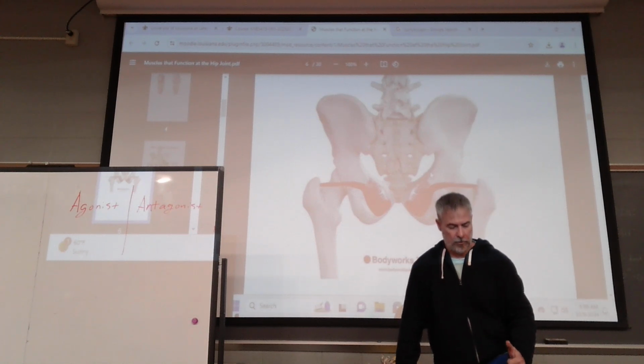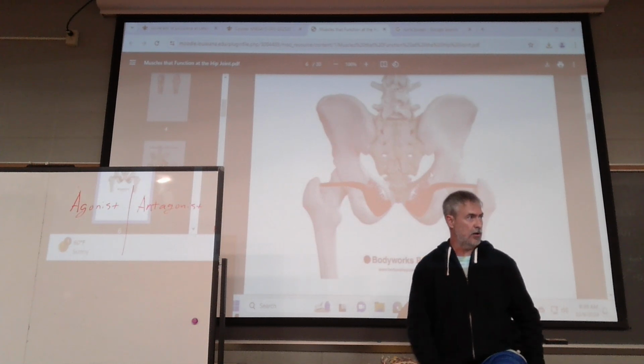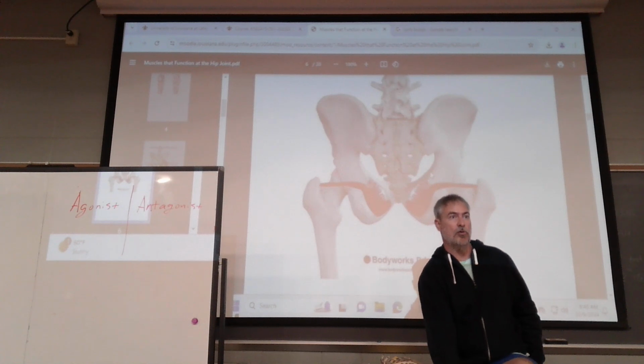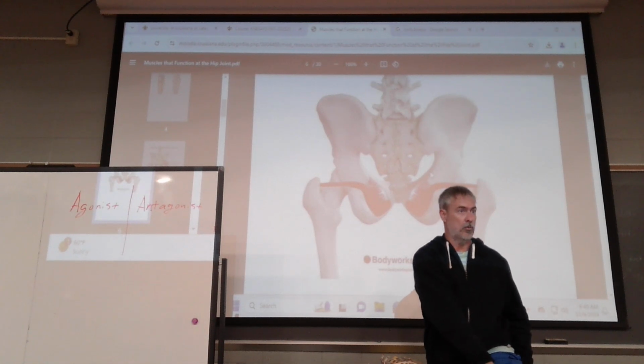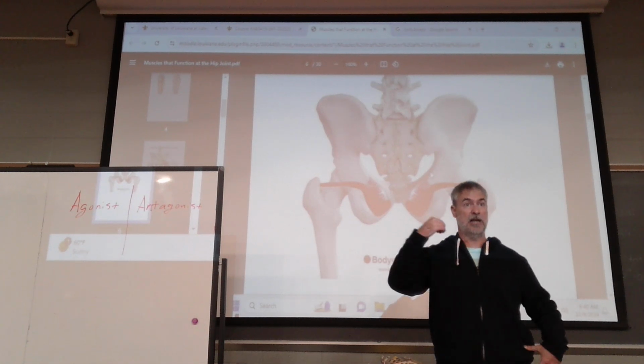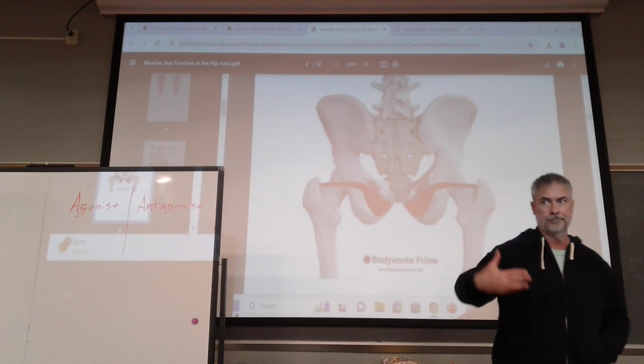So sometimes we got to remember this is important for function. If I'm trying to stretch an external rotator, I don't need to externally rotate, even though I might feel a stretch in my posterior capsule or in other areas. I need to internally rotate my hip in order to stretch an external rotation pull.